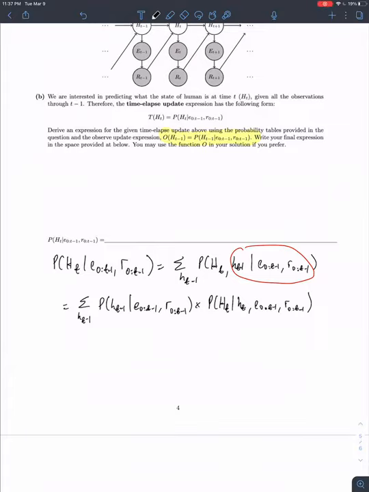That's just how probability theory works.